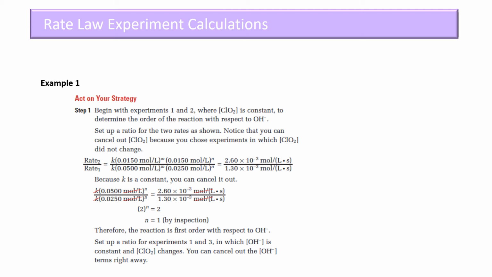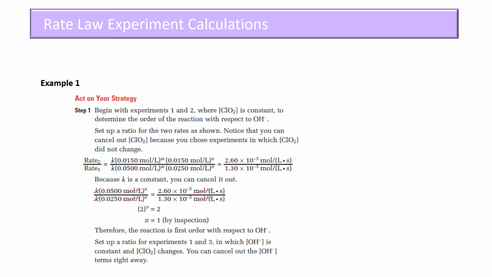Notice that you can cancel out the concentration of ClO2 because you chose experiments in which the concentration of ClO2 did not change. So we can then compare rate 2 to rate 1. Because K is constant, we can cancel it out, and we're left with 2^N equals 2, N equals 1.